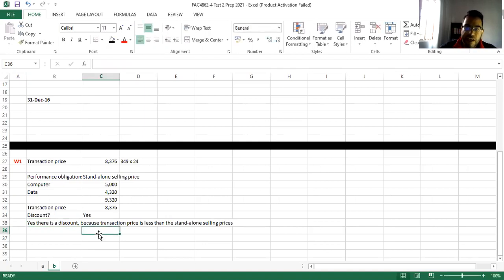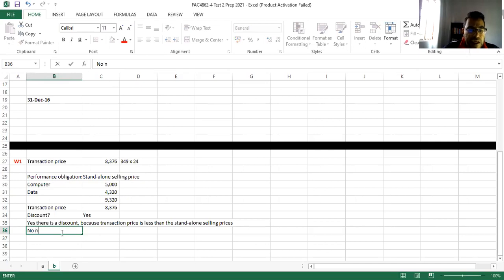So there is actually a discount built in here, but we don't need to factor in the discount. The reason is it's allocated across both performance obligations. You only need to allocate a discount if it relates to a specific performance obligation.